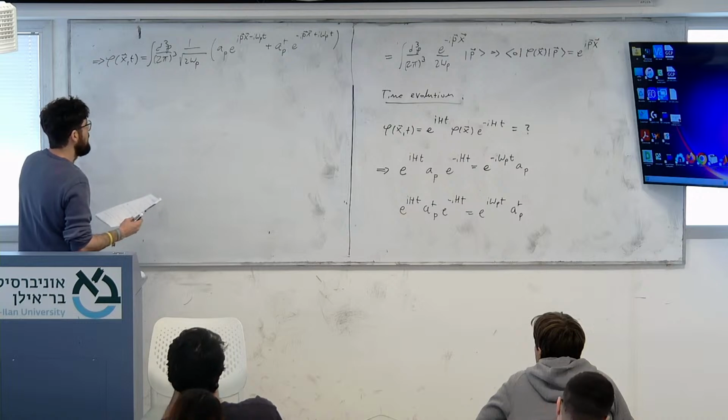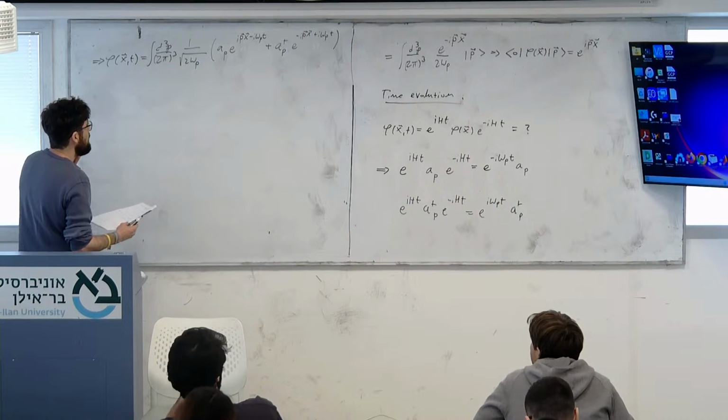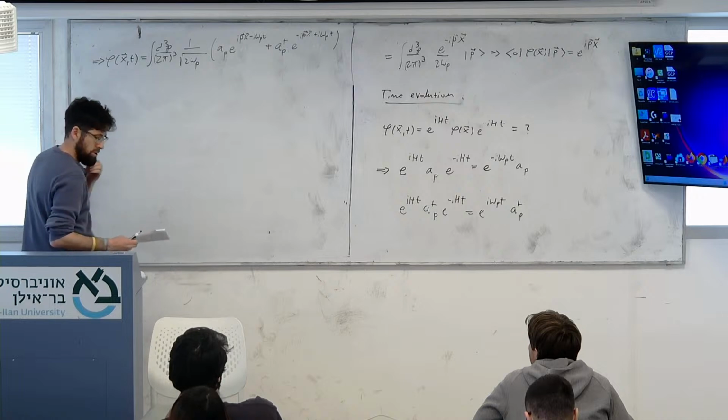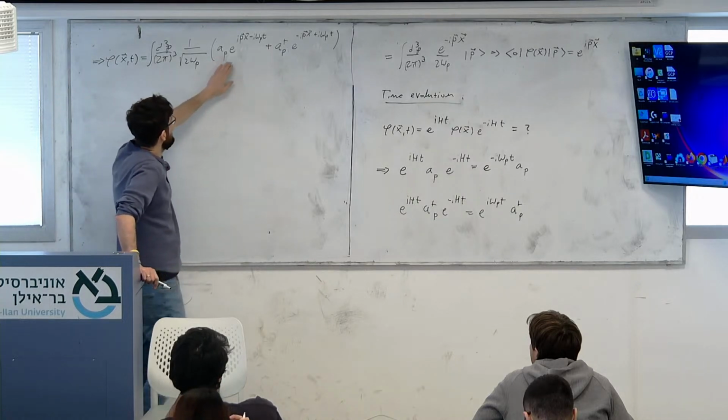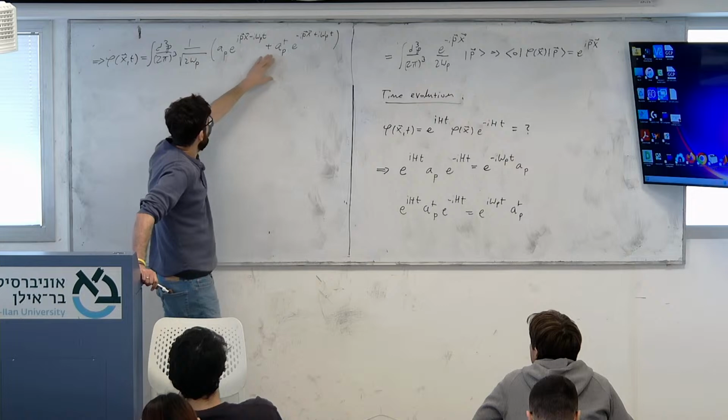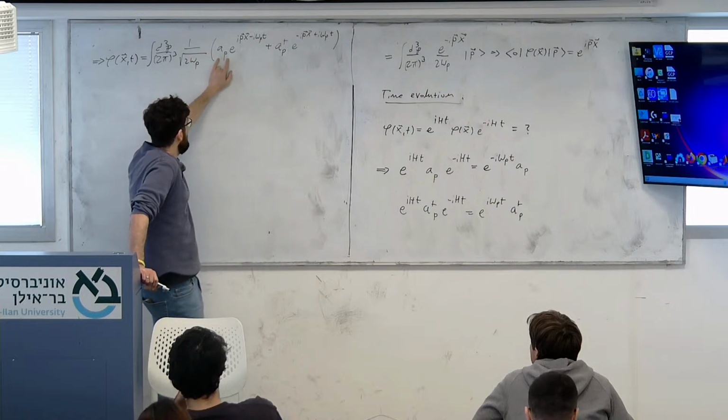How can you say it's an antiparticle? What is the charge? Well, charge should be easy to see, because this creates a particle and this destroys a particle.